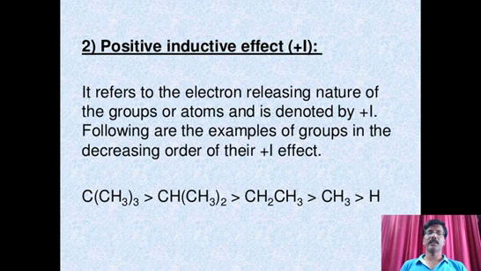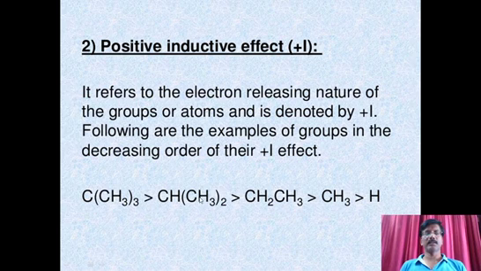Good examples here are alkyl groups, which show a very strong plus I effect. We can use R or alkyl groups here. This is an alkyl group, and this is a tertiary carbon. Because of three methyl groups here, it exhibits a very strong plus I effect.